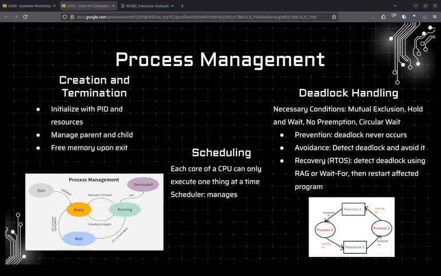Then a process can only request resources in an increasing order. So once you request resource 1, you can only request resources higher than 1. Once you request resource 100, you can request resources at least 101, and so on and so forth.